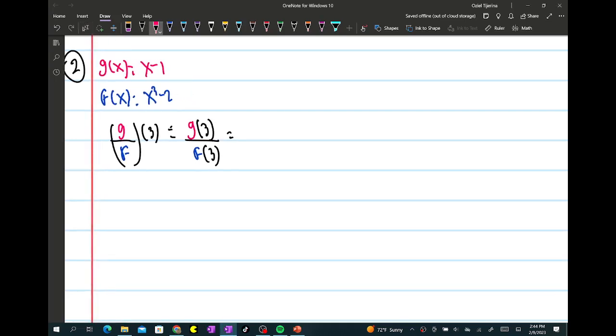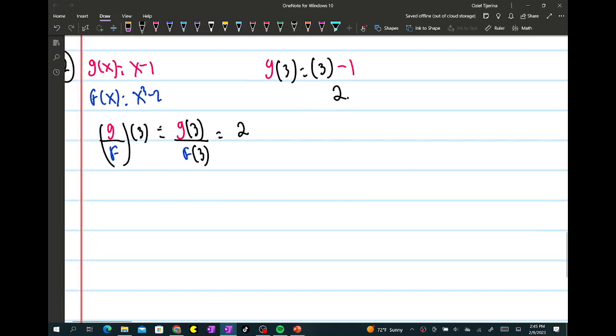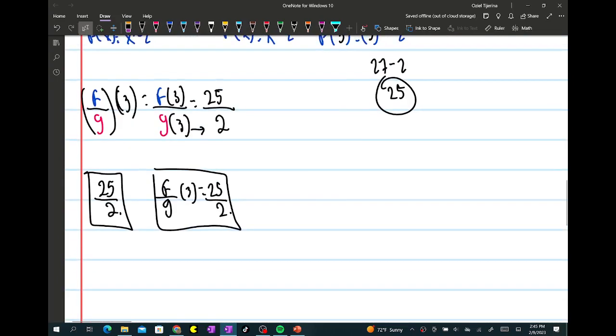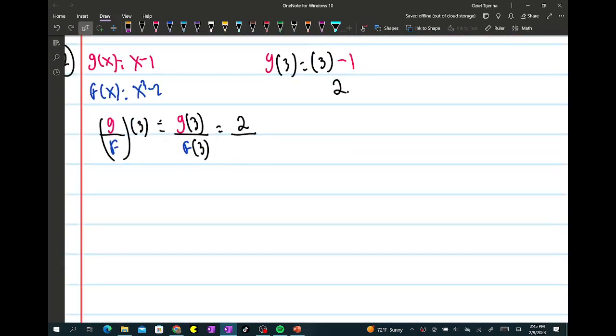So we have g of 3, and that'll be the quantity 3 minus 1, and that's just 2, right? So g of 3 is 2, and then f of 3, like we did up here, was 25. So f of 3 we know is 25.